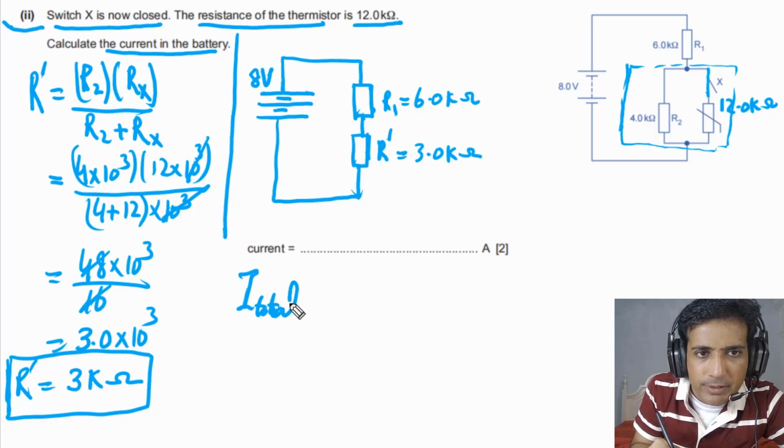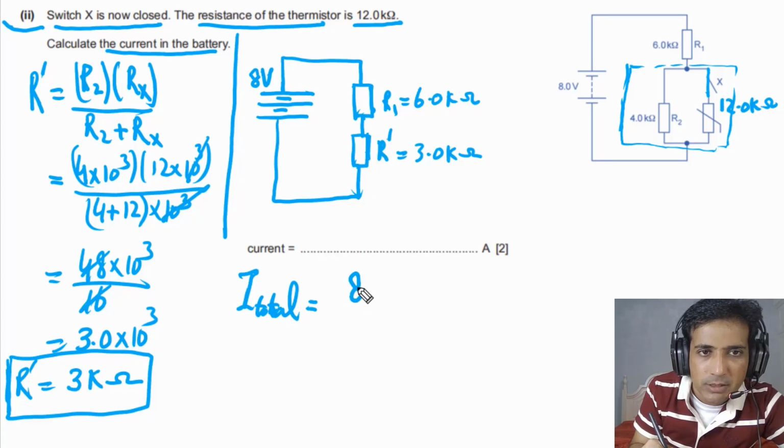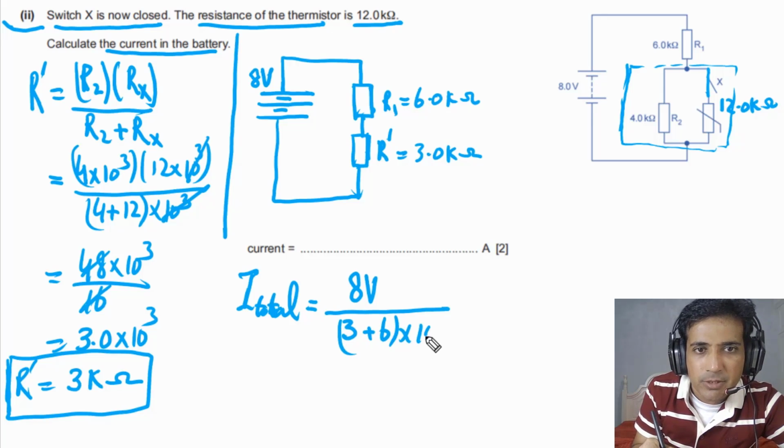Let's find the current in the battery, or simply the total current in the circuit. So we can write I total. This will be equal to the EMF of the power supply, or simply the potential difference across the terminals of the battery, because this battery has no internal resistance. So we have 8 volts, and the total resistance is 3 plus 6 times 10 to 3.